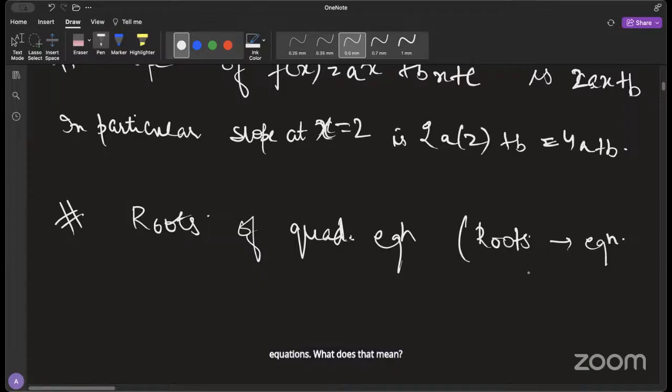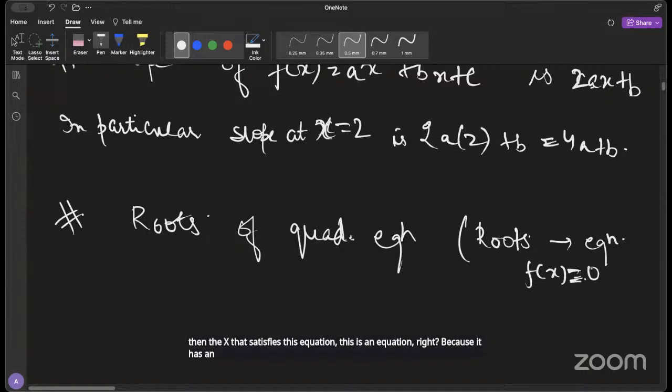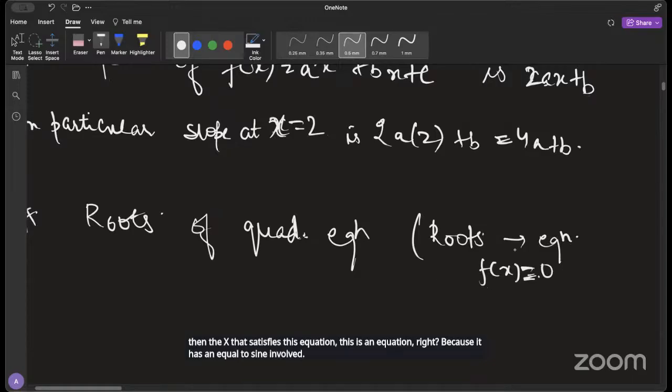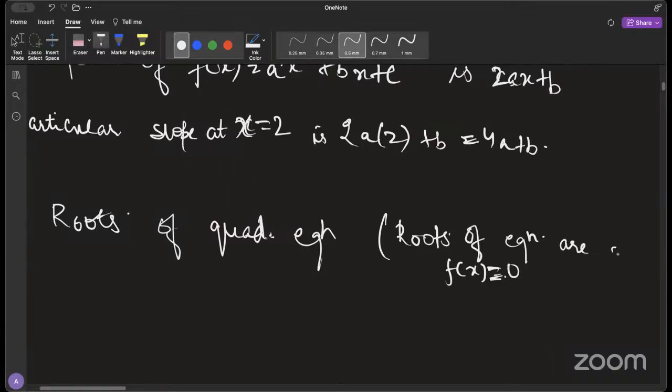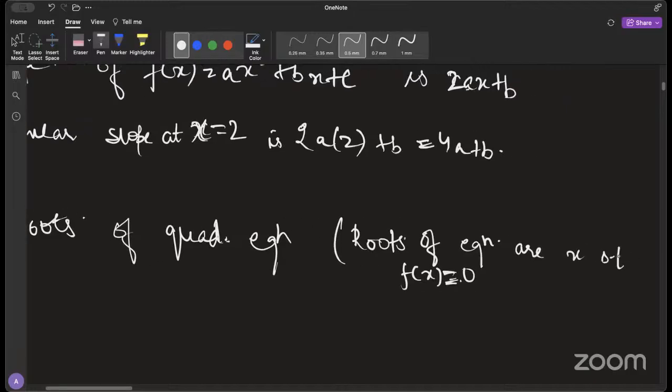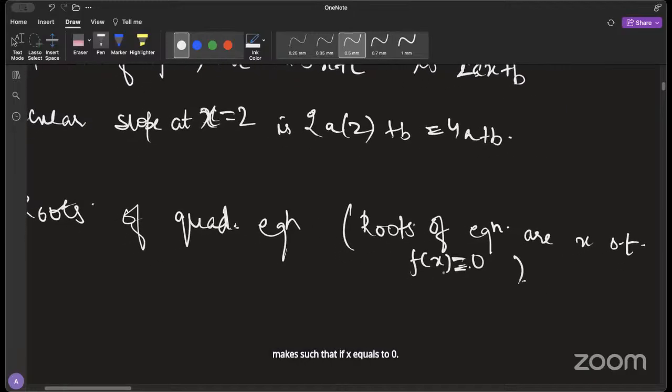Let's say you have an equation f(x) equals 0. Then the x that satisfies this equation, this is an equation, right? Because it has an equal to sign involved. So roots of equations are x such that f(x) equals 0, right?